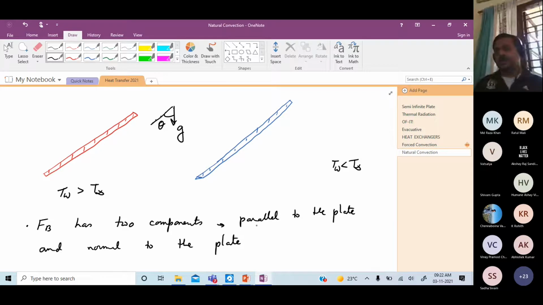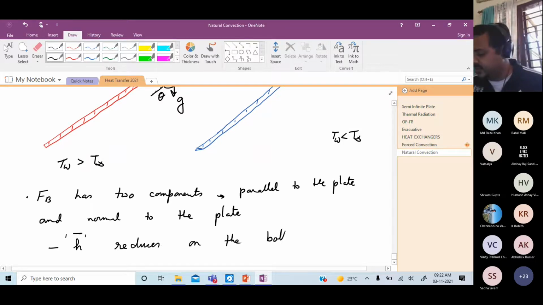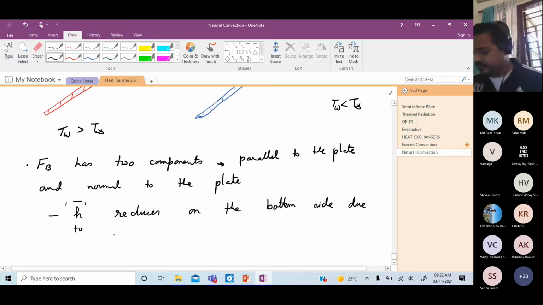Now, what is the effect of this? Let's consider this one. The first thing is h bar reduces on the bottom side due to reduction of the gravitational component.